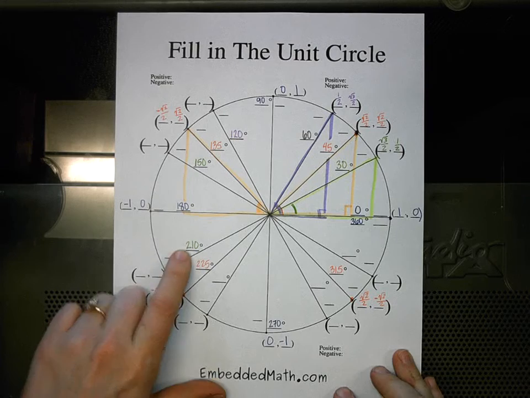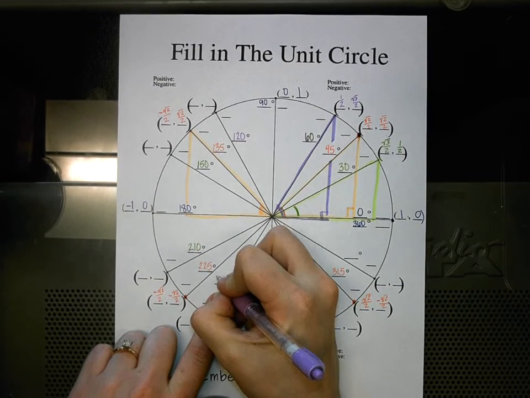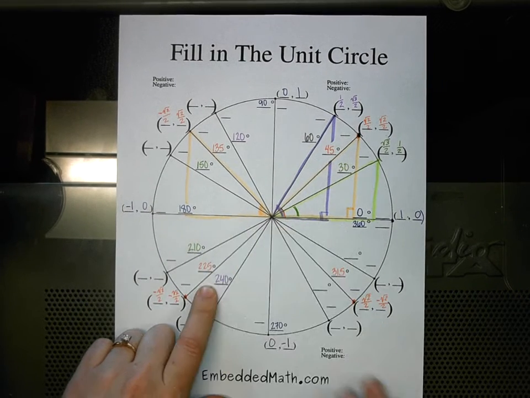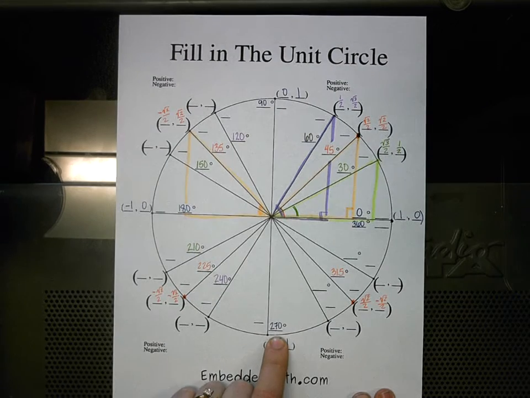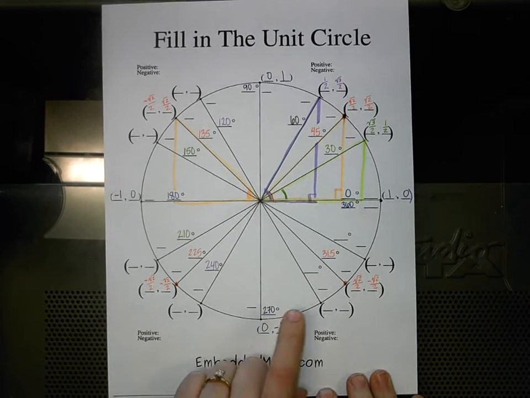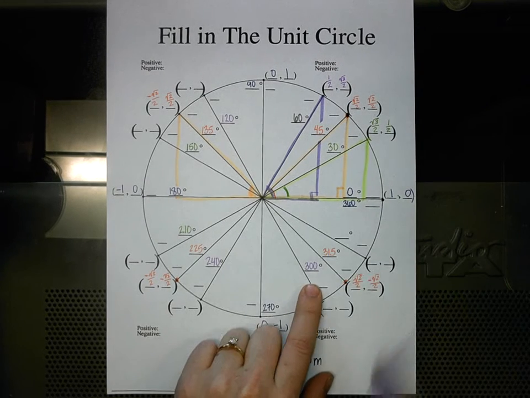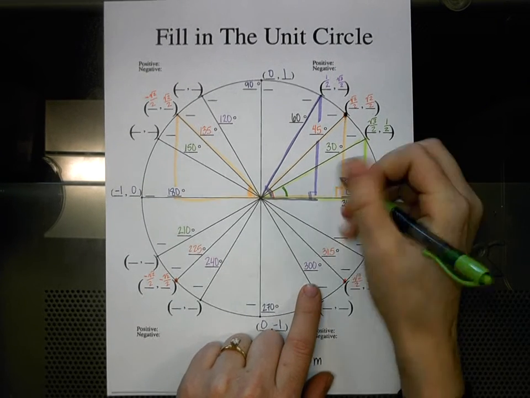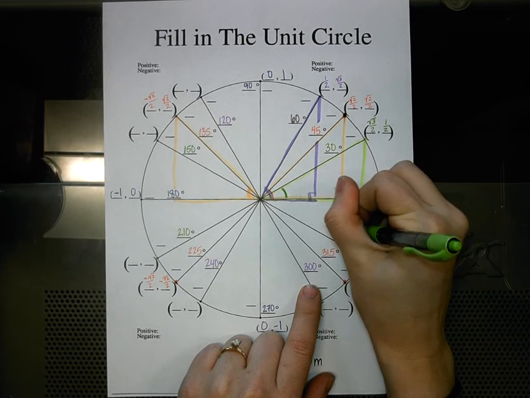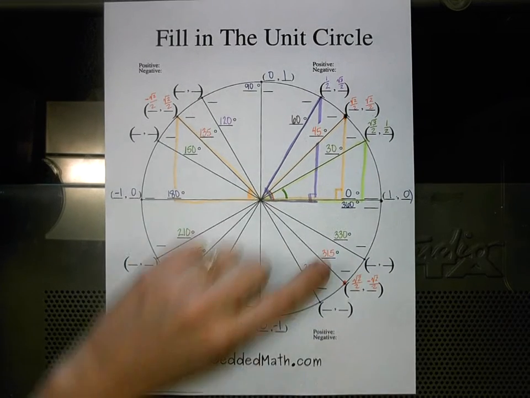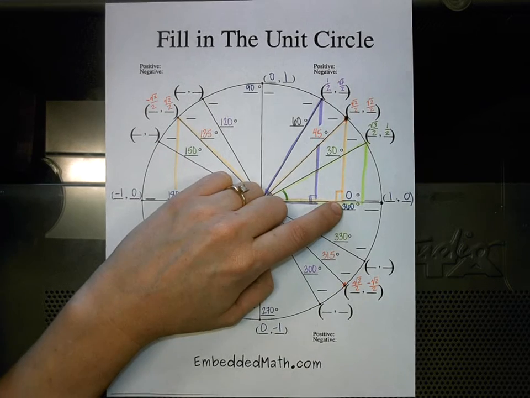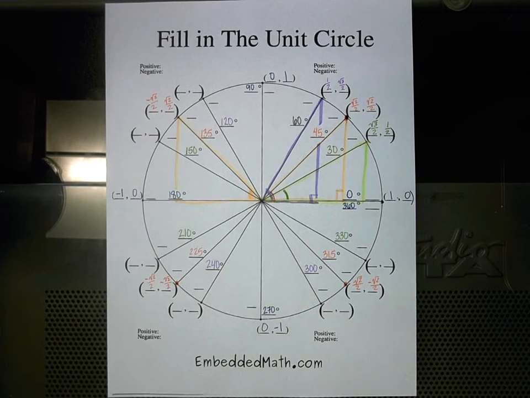What is 210 plus 30? 240. 240 plus 30 is 270. What is 270 plus 30? 300. And 300 plus 30 is 330. Oh, and 330 plus 30 would be 360, which would get us all the way around.